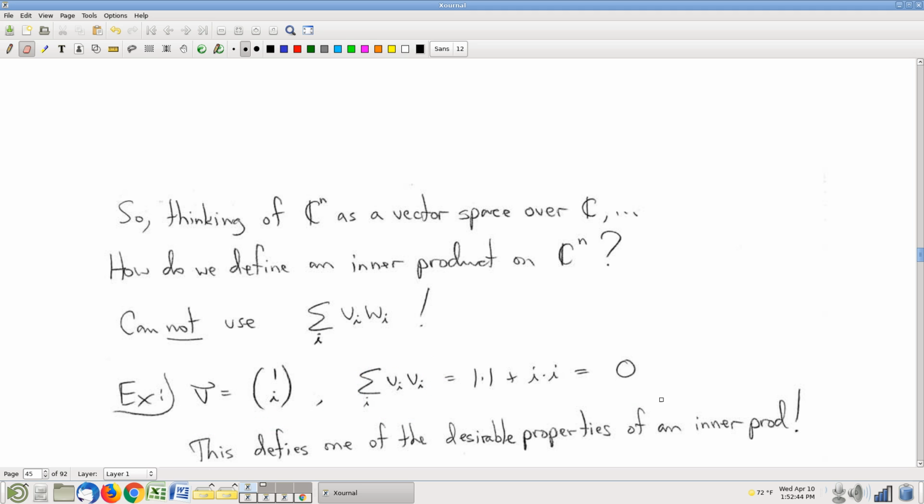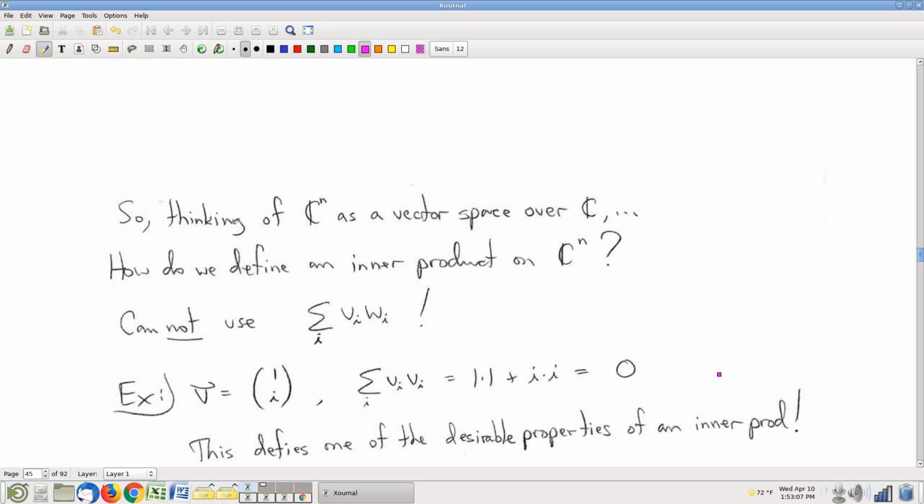So you could hope to find a different formula that in Cn behaves identically with exactly the same 4 properties, exactly the same as the good old plain old dot product in Rn. That would be a nice goal. But there is no such thing. So we have to relax our goal a little bit.